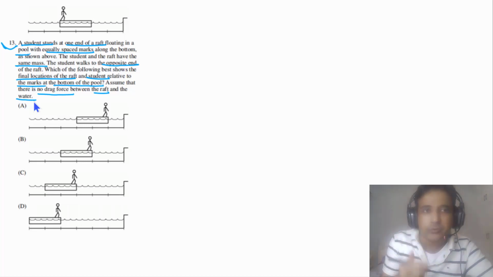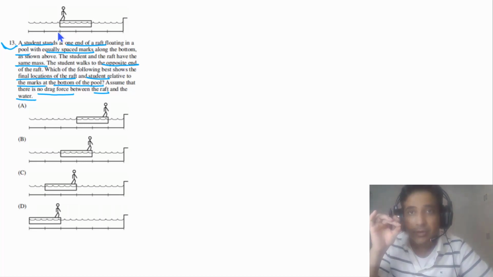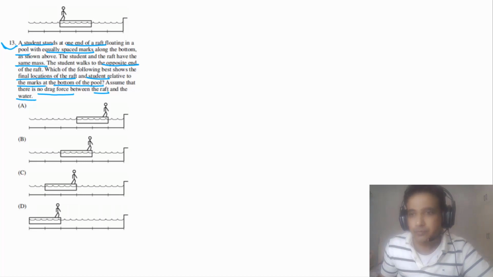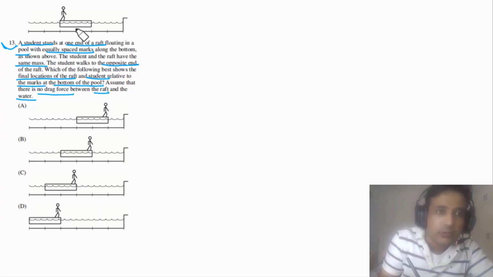So the best way to answer this question is, it is given that the boy and the raft have the same mass. So we can first mark the center of mass of the system. First we can mark the center of mass of the raft. This will be along this line, at the center of the raft. We are assuming it is uniform, so its center of mass is at its midpoint.